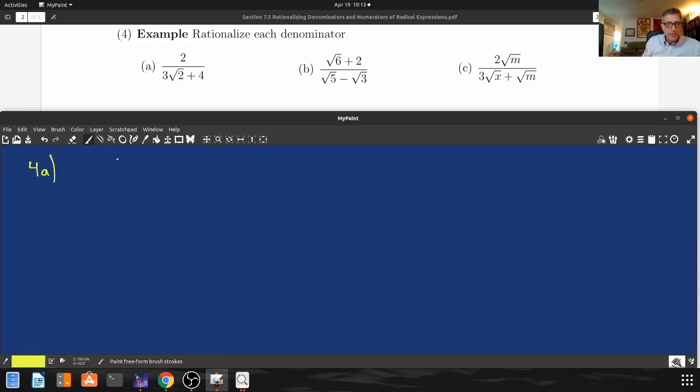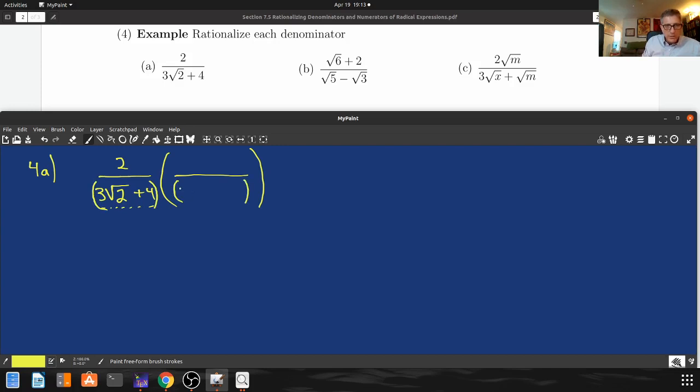So whenever you have a denominator that is a sum, and one of the terms is a radical, and in these cases they're always going to be of index 2, then what we want to choose to do is look at this denominator, and if you want you can put it in parentheses, and I want to write over here its conjugate.